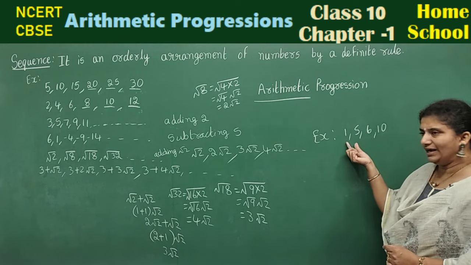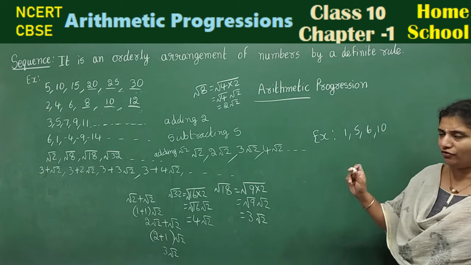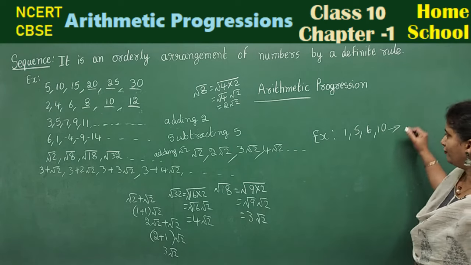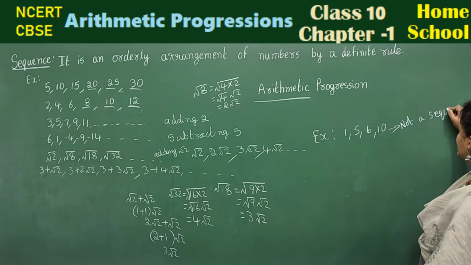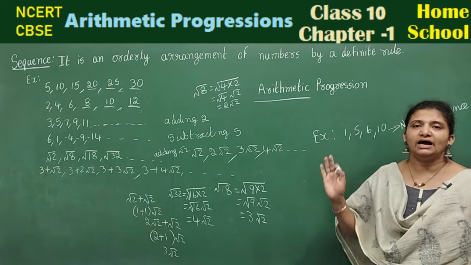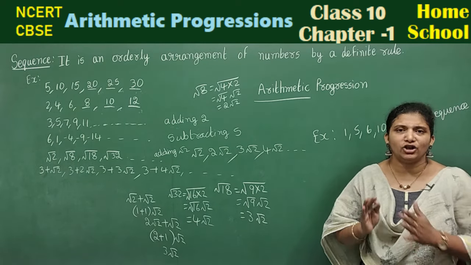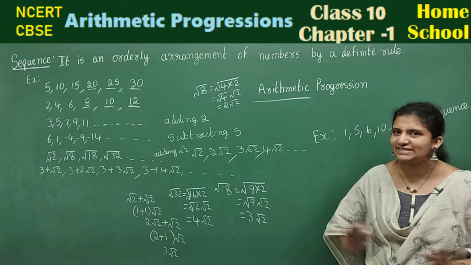No. Here adding 4 and here adding 1, then adding 4. So therefore, this is not a sequence. Why is it not a sequence? The arrangement of numbers is not following a definite rule.